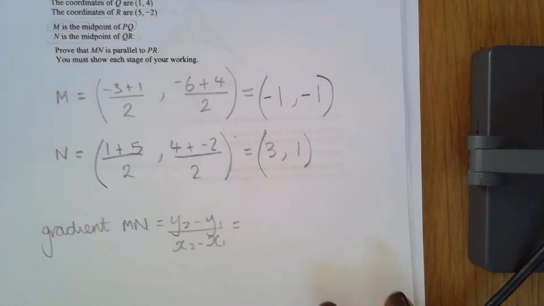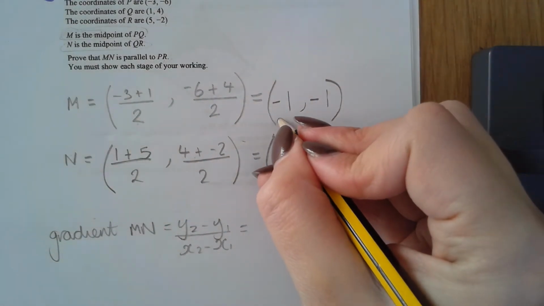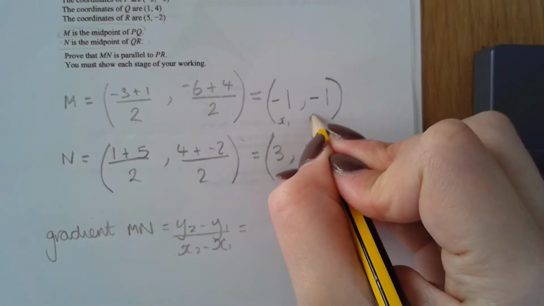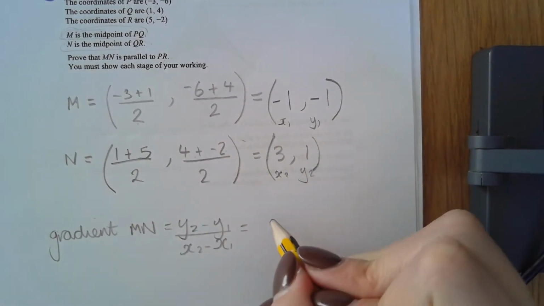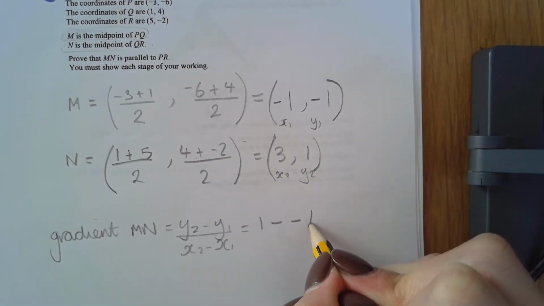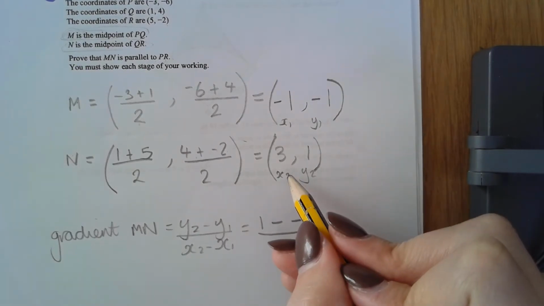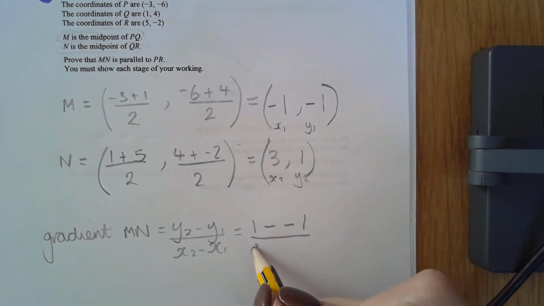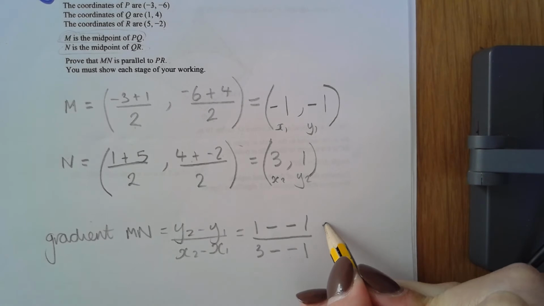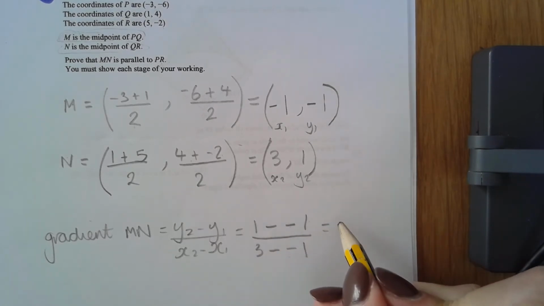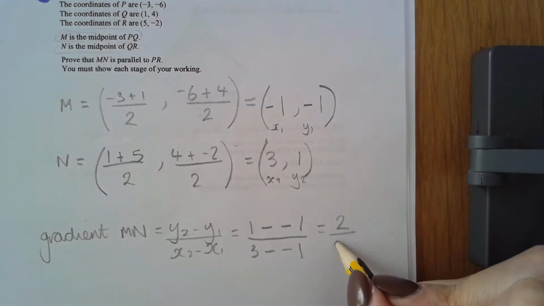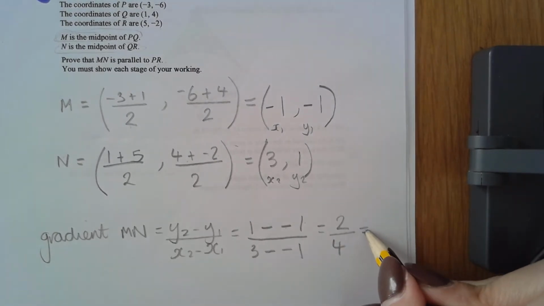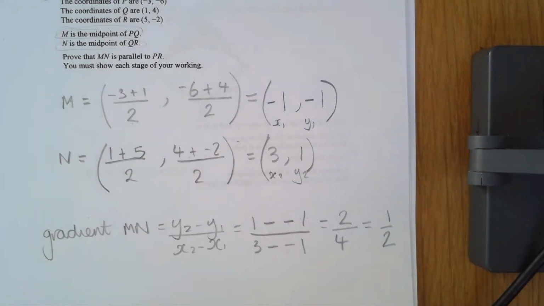So this would be my x1, y1, x2, y2. So I've got 1 take -1 over x2 is 3 take -1. 1 minus -1 is 2. 3 minus -1 is 4. And that is the same as a half.